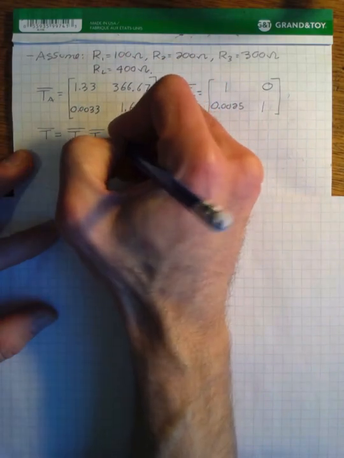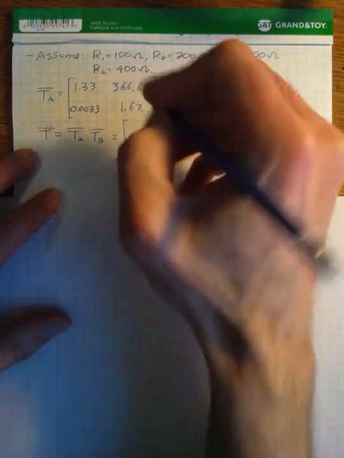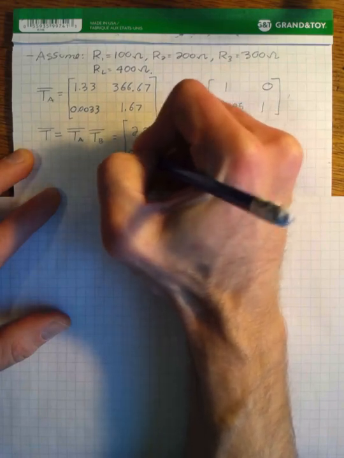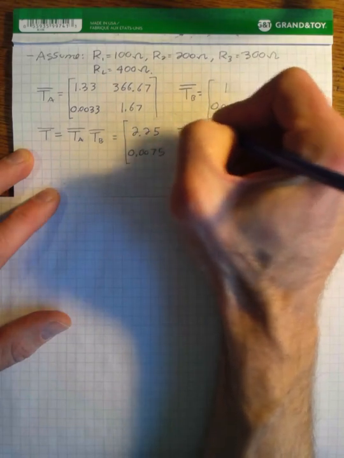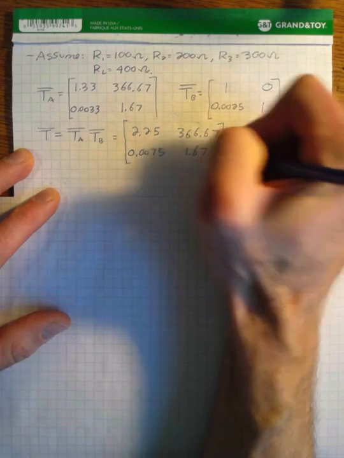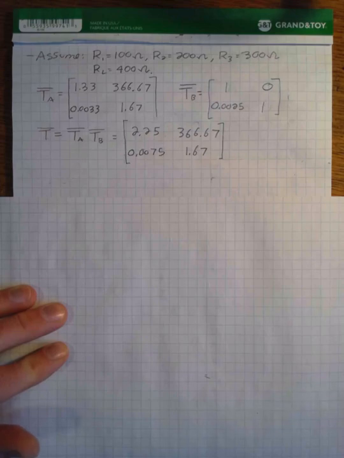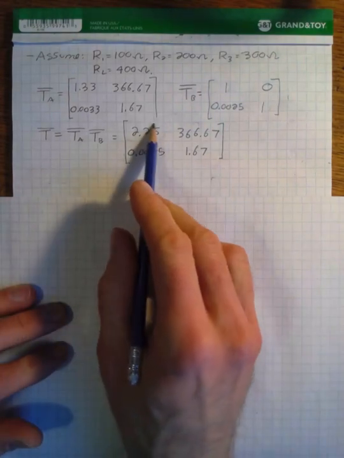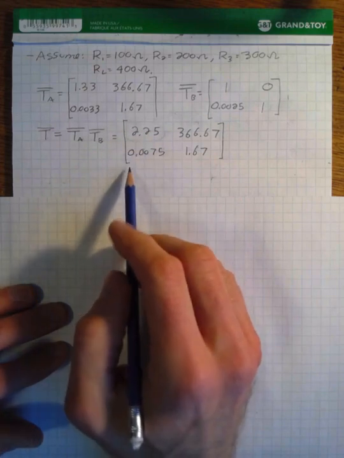And when we do that, we get 2.25, 0.0075, 366.67, and 1.67. So we're interested in finding the voltage transfer function, and as we pointed out in our procedure, our voltage transfer function is just equal to the parameter A in our cascaded ABCD matrix.